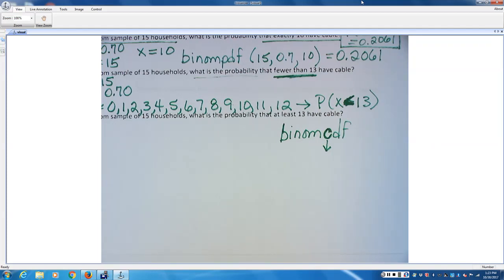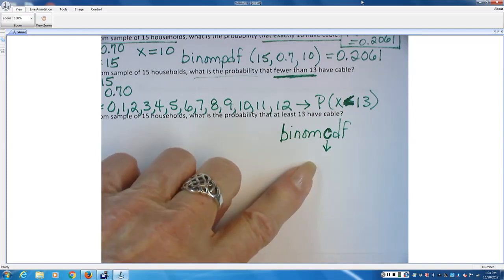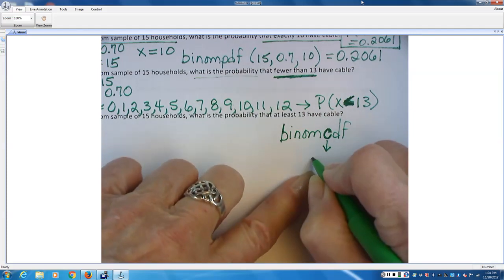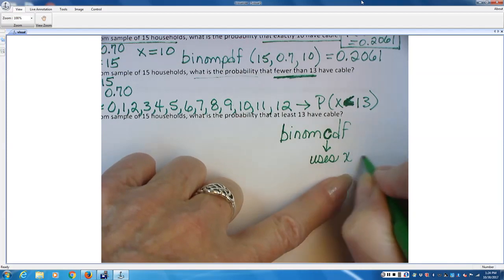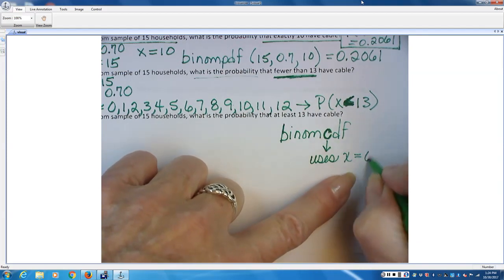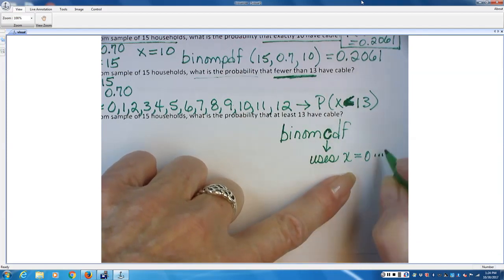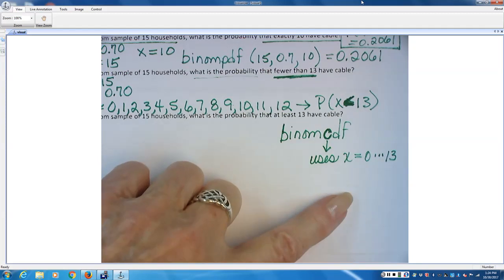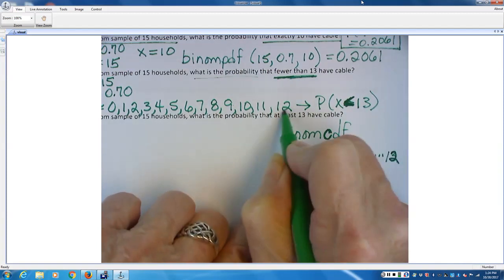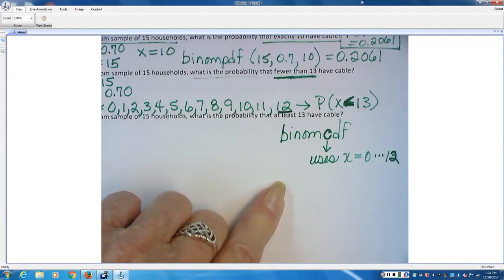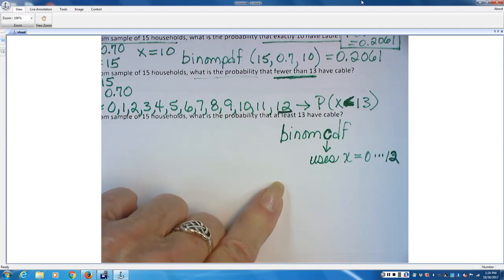Binomial CDF uses the X values up to whatever number we put in last: 13, 12, 10, whatever we tell it. In this case, we know the highest number is 12.